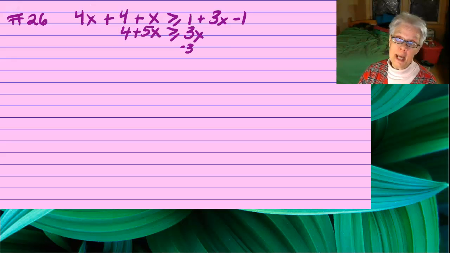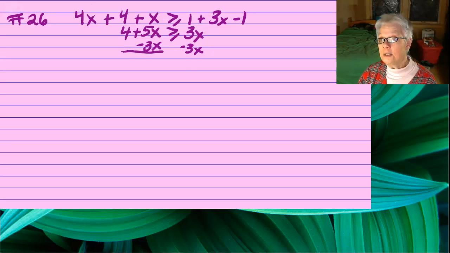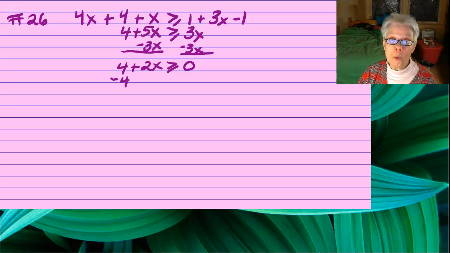Notice the 1 and the negative 1 cancel each other out. They zero each other out. Now subtract 3x from both sides of the equation. I always gather my x terms to the left of an inequality. If you always do this, you'll always know which direction to draw the arrow in.